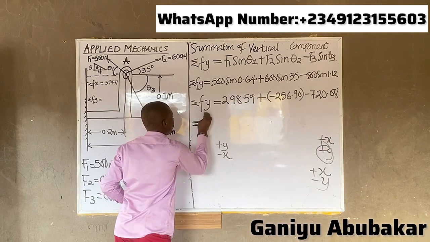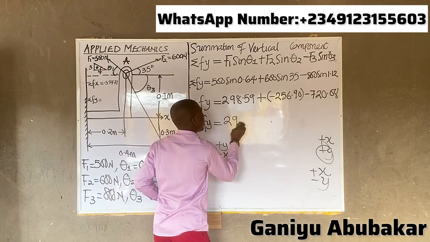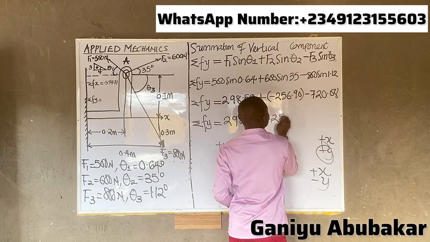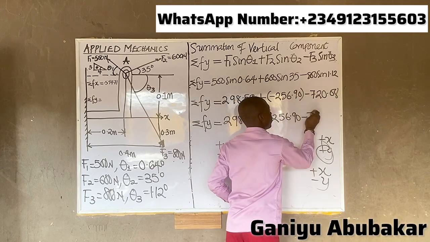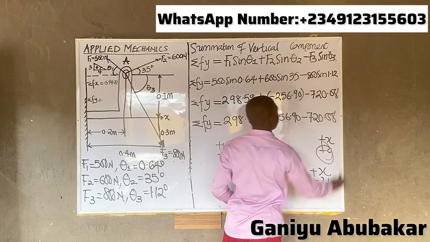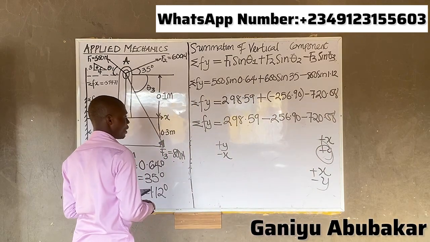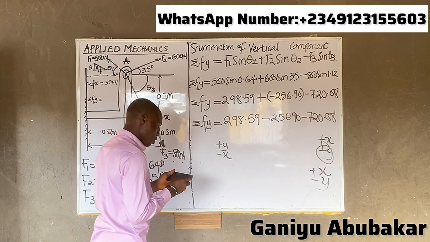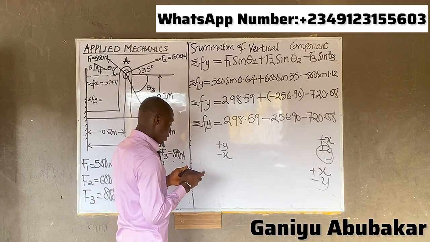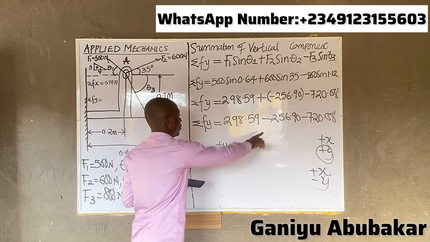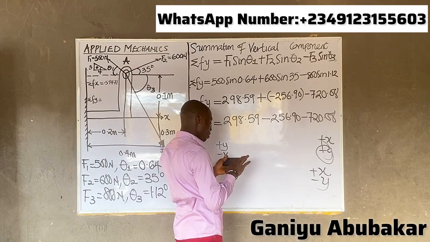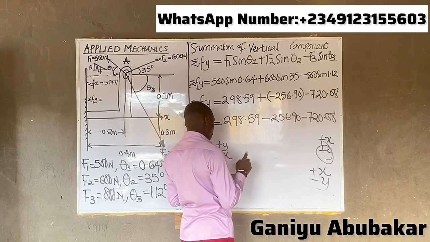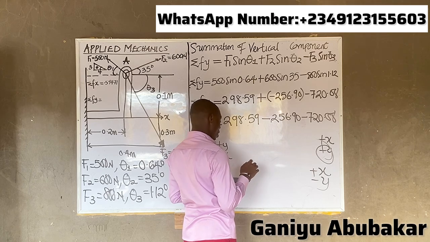I'll have that summation of F of y will be equal to 298.59 minus 256.90 minus 720.08. Work this one out. What do I get? This one gives about 298.59 minus 256.90, then minus 720.08.